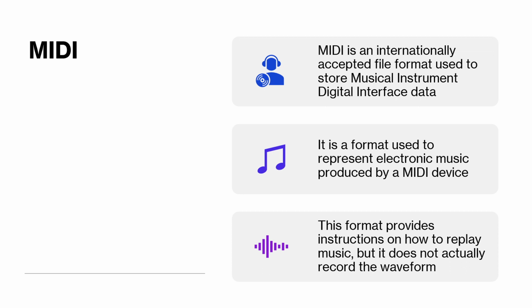In fact, most of the format that is stored in MIDI is quite small. When you store your audio in MIDI, it doesn't really consume much space. The format provides instructions on how to replay music, but it does not actually record the waveform.